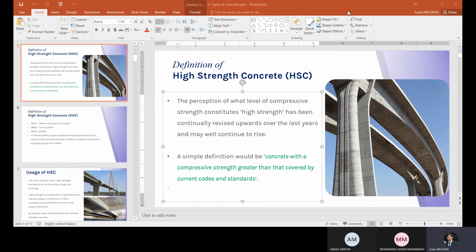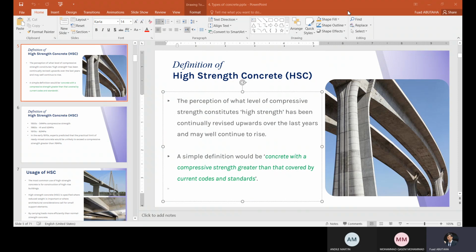What is the best solution that you need to do in order to improve the workability without using super plasticizer? This is the kind of scenario, case studies, that you may face.